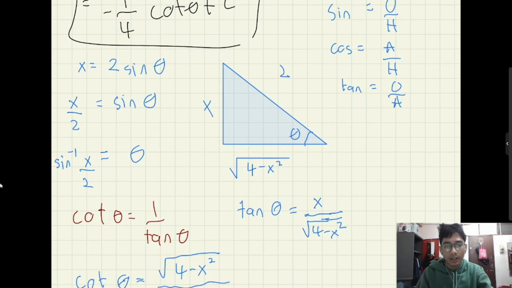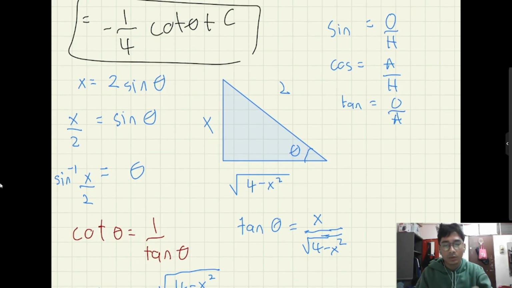So we know that since sin equals the opposite over hypotenuse, we can move it, then we get sin theta is equal to x over 2. So that means x is equal to the opposite.